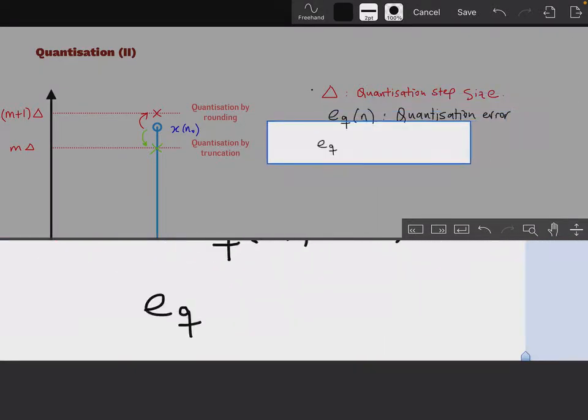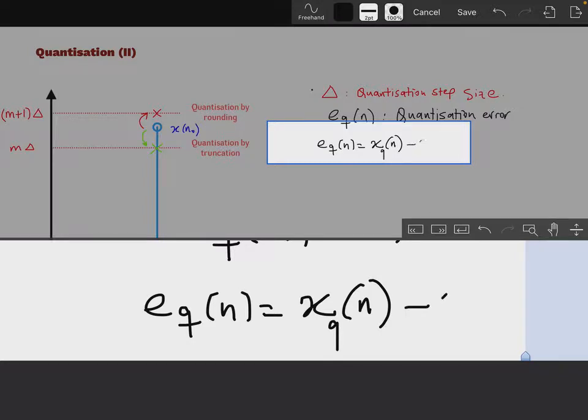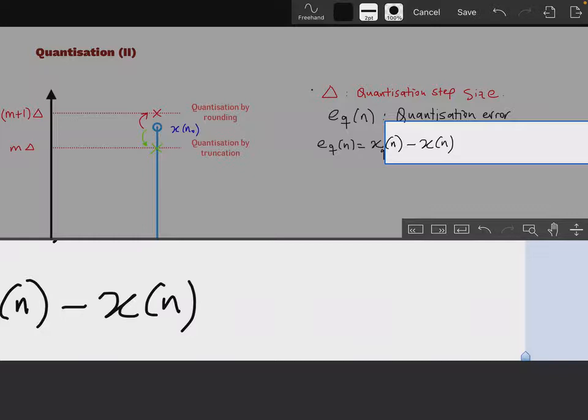So E sub q of n is equal to the quantized signal minus the actual value of our signal. I'm sorry, we're going to define it this way. It doesn't matter which way, since we're going to deal with the energy of this signal. So this is the quantization error.